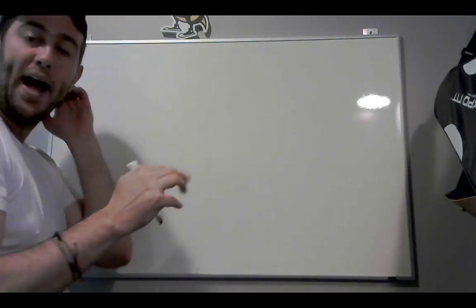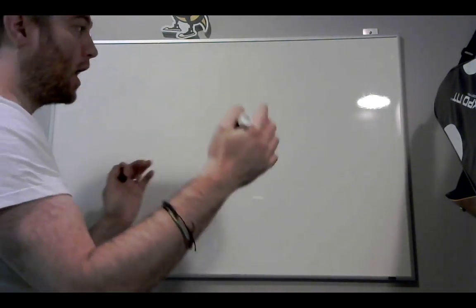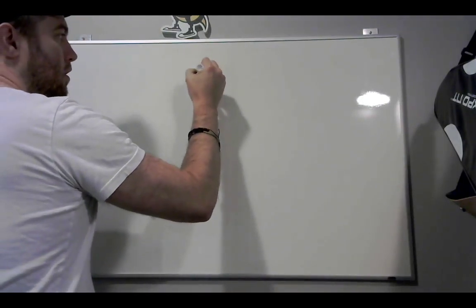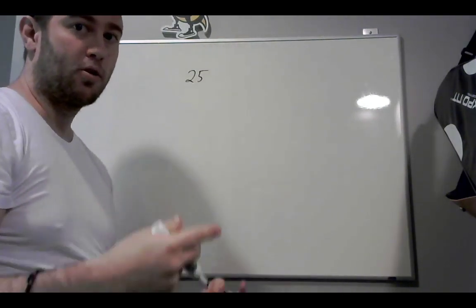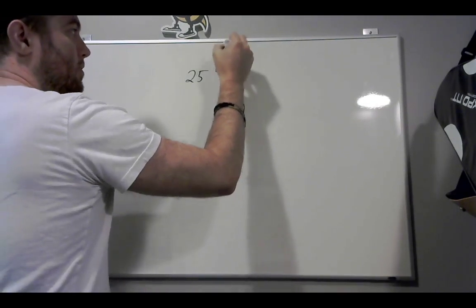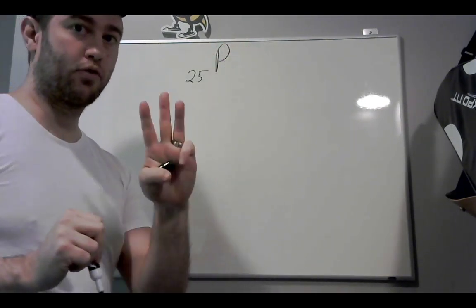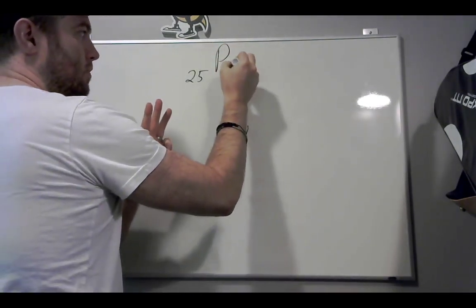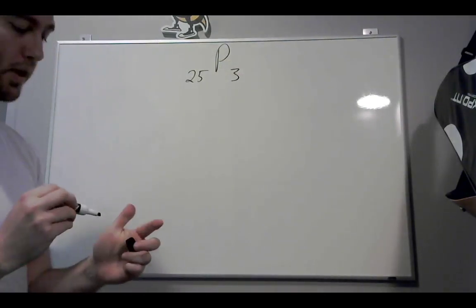So we have 25 objects. We said order matters, so this is going to be a permutation. And there's only 3 spots we care about, so our R value is going to be 3.